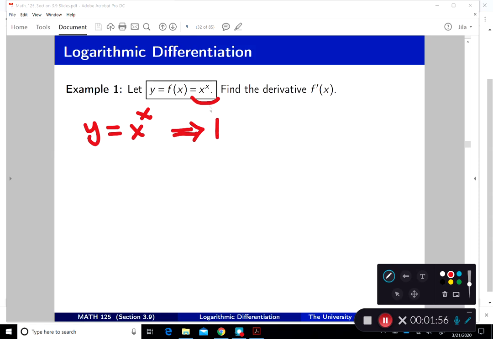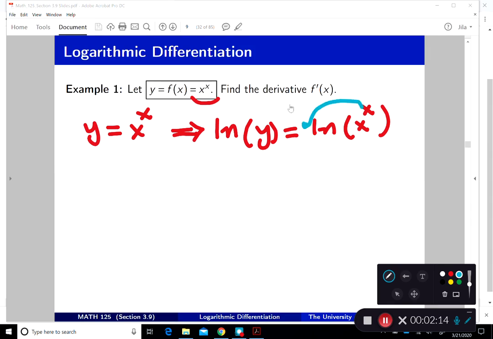So I take the natural log of both sides. And what the natural log does is it does this beautiful thing for me, it's going to make that exponent come down.